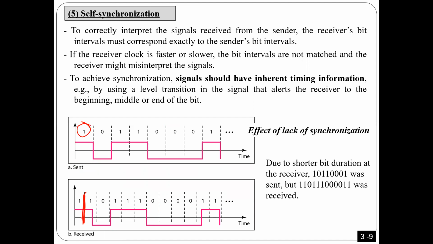I will think that you transmitted 1 and 1. You got what I'm saying? Because we are not synchronized in time. So if you transmit this data, because of this problem, you transmit only 1, but I receive 1 and 1. So there's something wrong here. That's what we call lack of synchronization.